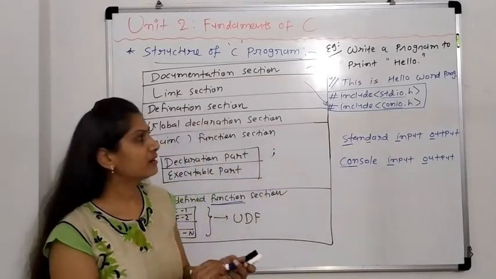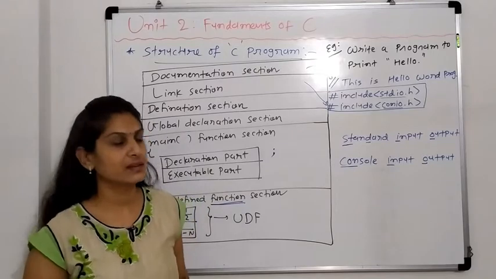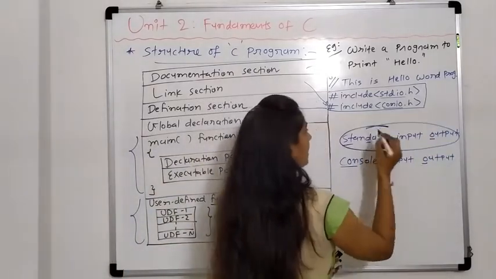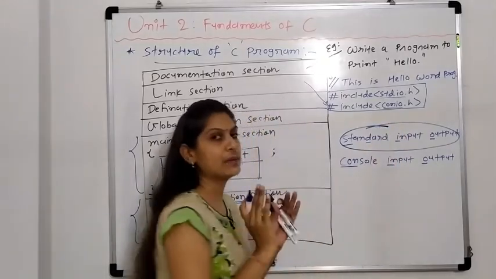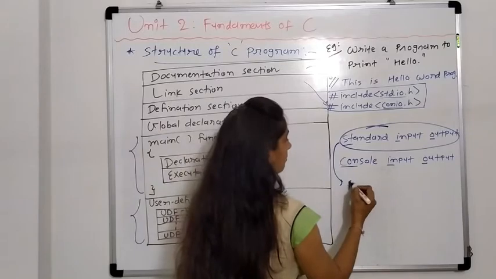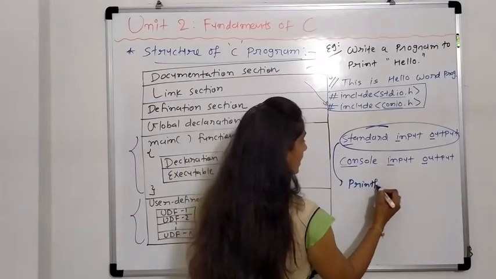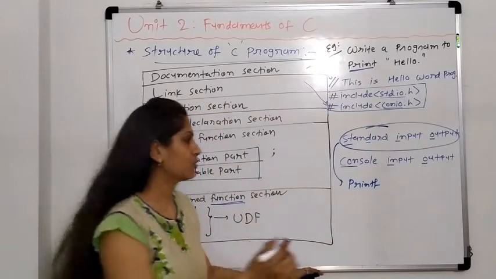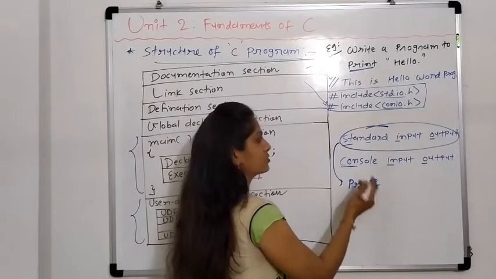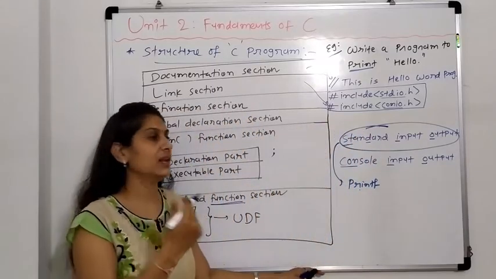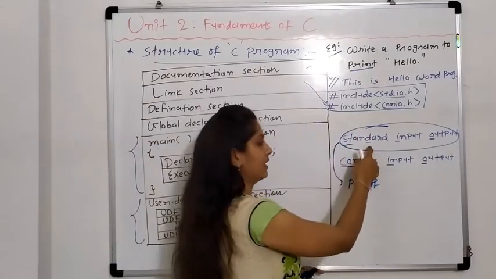Now why are we writing this line? Because many functions are available in this header file. For example printf, because here we want to print something, so the printf function is used. This function is already available and we can use it directly using this header file.